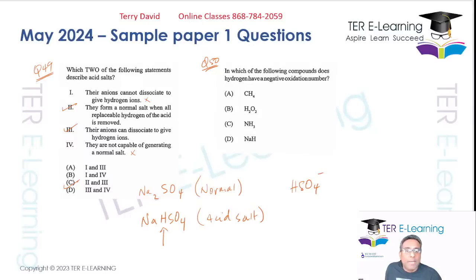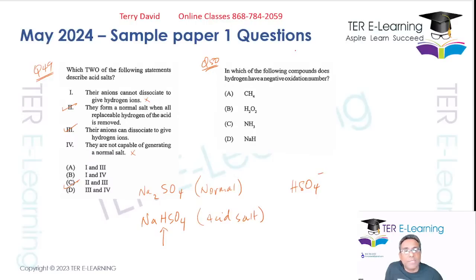And the last, question 50. Which of the following compounds does hydrogen have a negative oxidation number? Which one is the answer for question 50? I've seen a lot of D's as the answer.